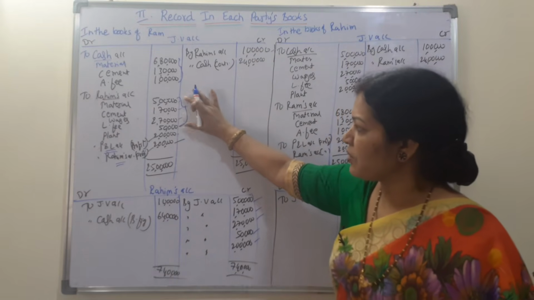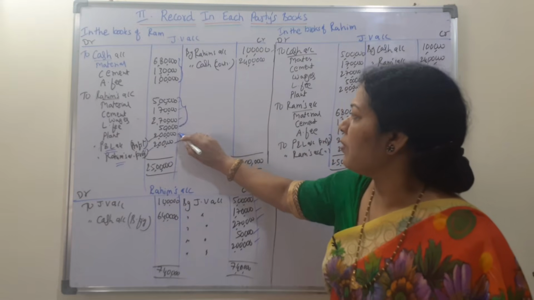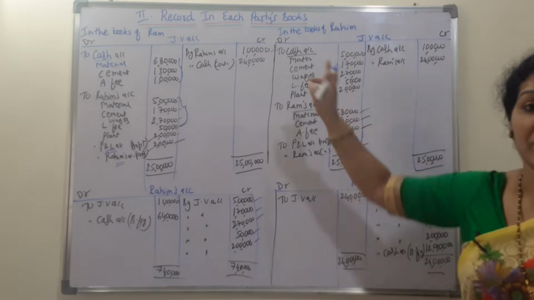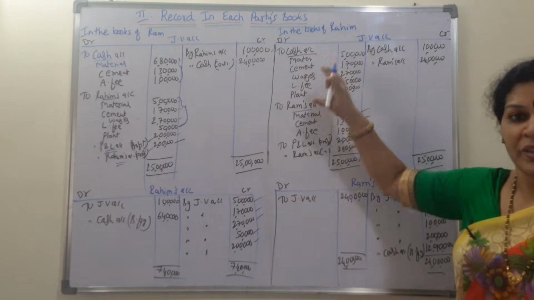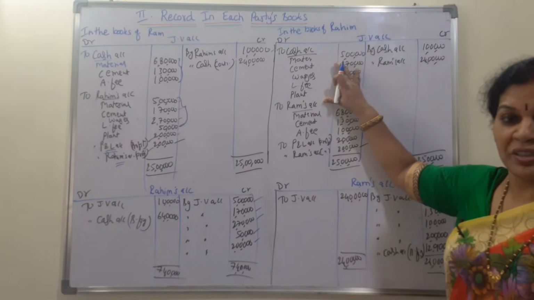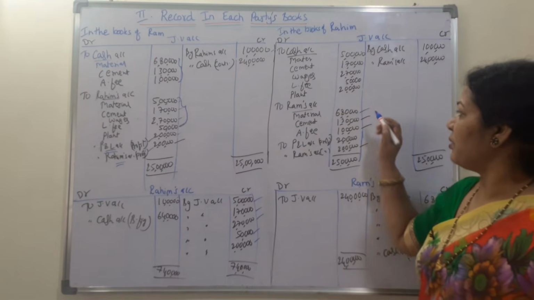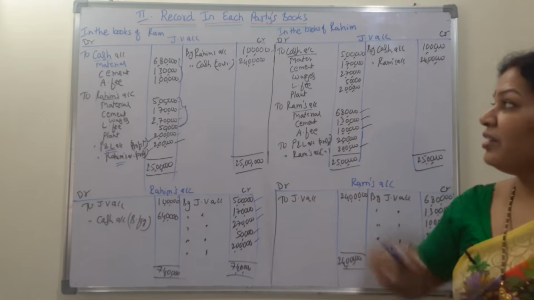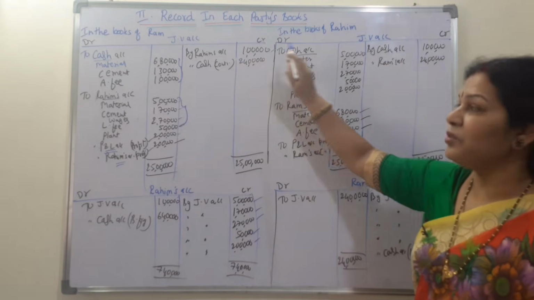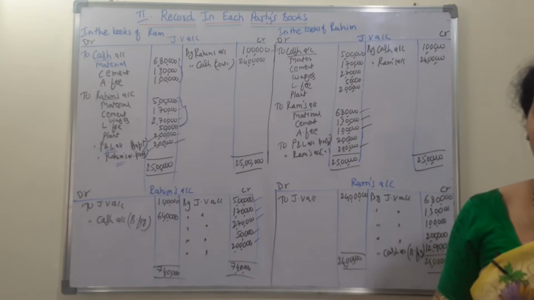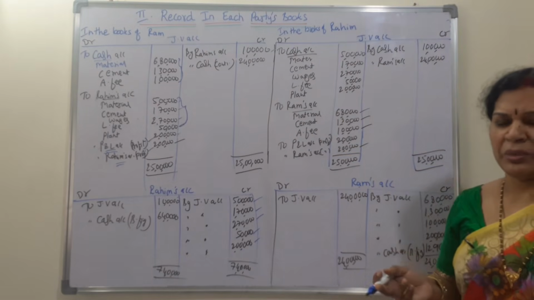These are all expenses, even 2 lakh also. So 5 expenses we are saying it as cash, because in the books of Raheem, Raheem's expenses you are saying cash, and Ram's expenses, these 3 you are saying it as Ram's account, 1, 2, 3. And here Raheem means you are saying cash 1 lakh. Cash means Ram. Ram's transactions we are taking it as Ram name only.